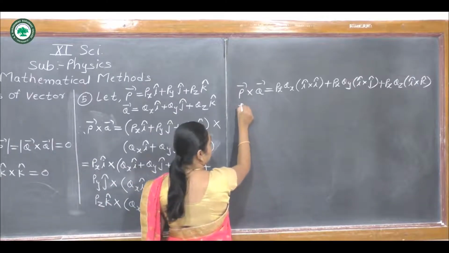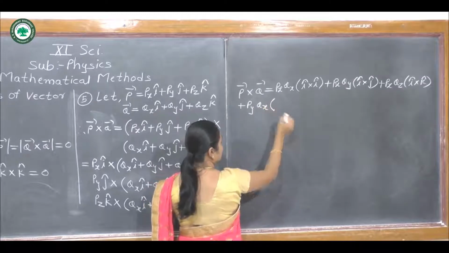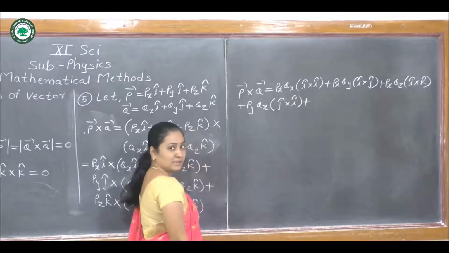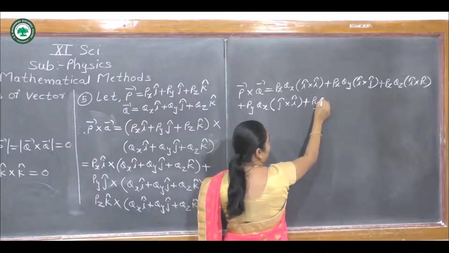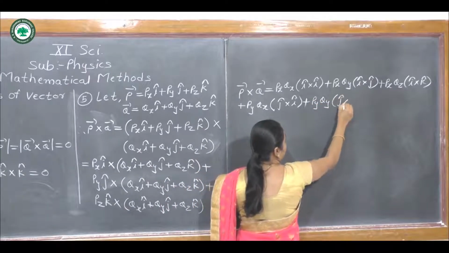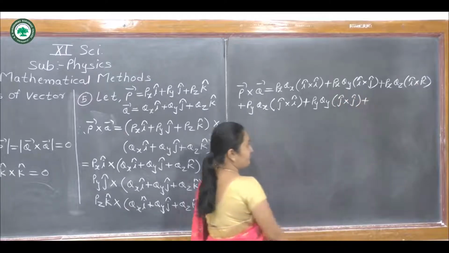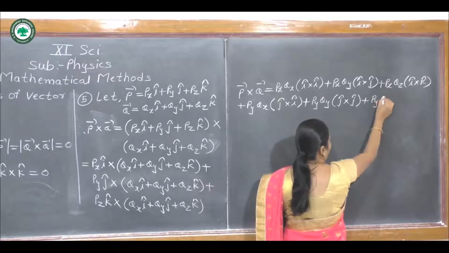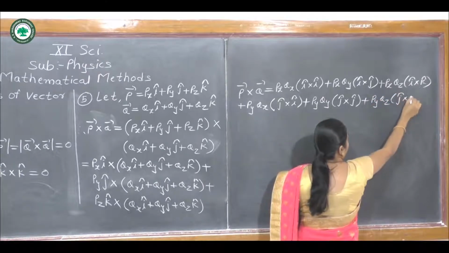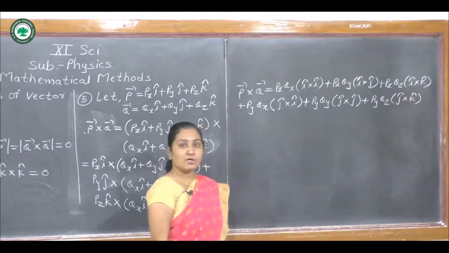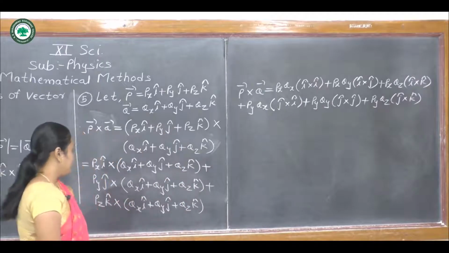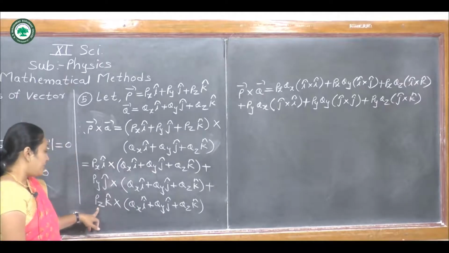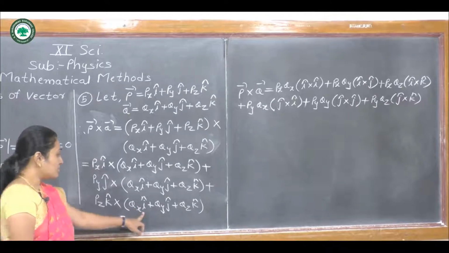So here we will write plus py qx in bracket j cap cross i cap, plus the second term is py qy in bracket j cap cross j cap, plus third term is py qz in bracket j cap cross k cap, then plus the third bracket, that is pz k cap cross this bracket, pz qx k cap cross i cap.